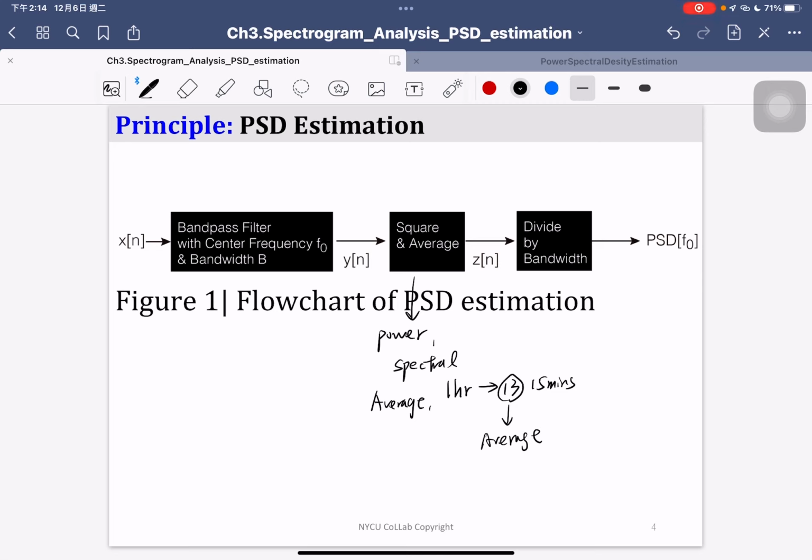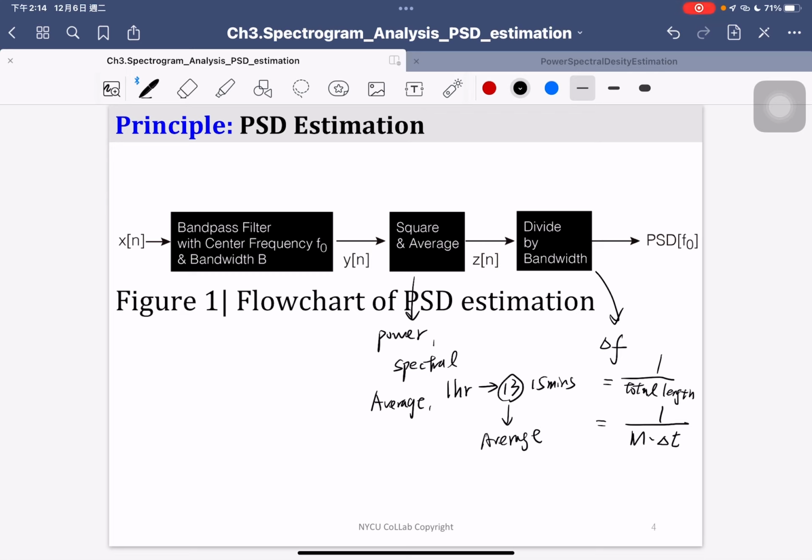Finally, I divide by delta F, the bandwidth. Delta F is equal to 1 over the total data length, that is, 1 over capital M, the total data number, multiplied by the sampling interval. So finally I divide by delta F, and then I have the density.